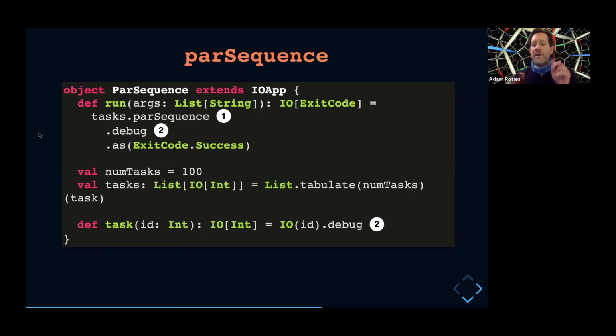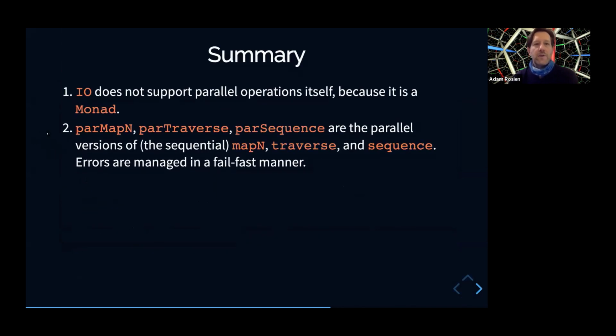So anywhere where you have map, traverse, sequence, you now have access to these par versions. And under the hood, they get scheduled, and they'll run on top of the existing threads as much as they can. That is like the super basics of parallel execution with I/O.